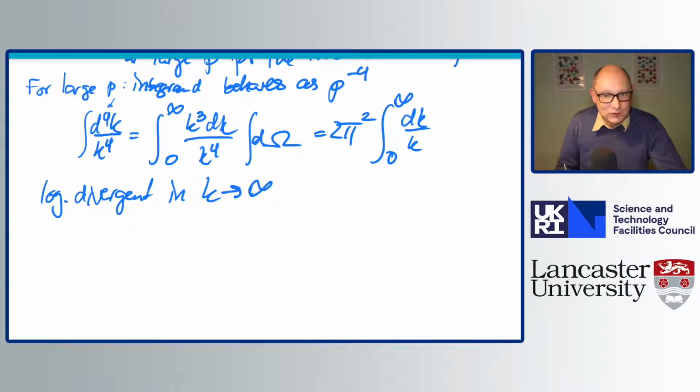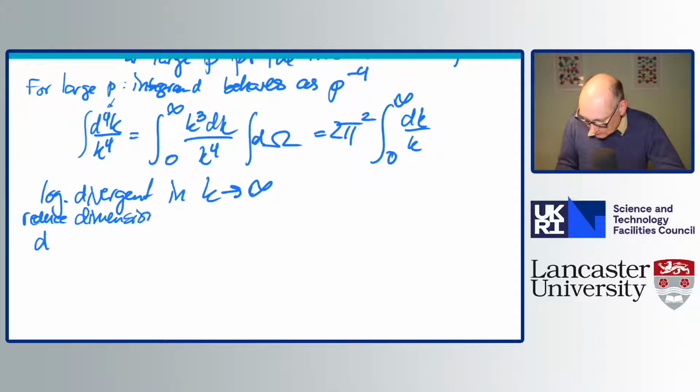Now, if we reduce the dimension here from 4 to something d, which is 4 minus something small, called epsilon, so let's just for convenience call it 2 epsilon. So we reduce the dimensions to 4 minus 2 epsilon, epsilon positive.